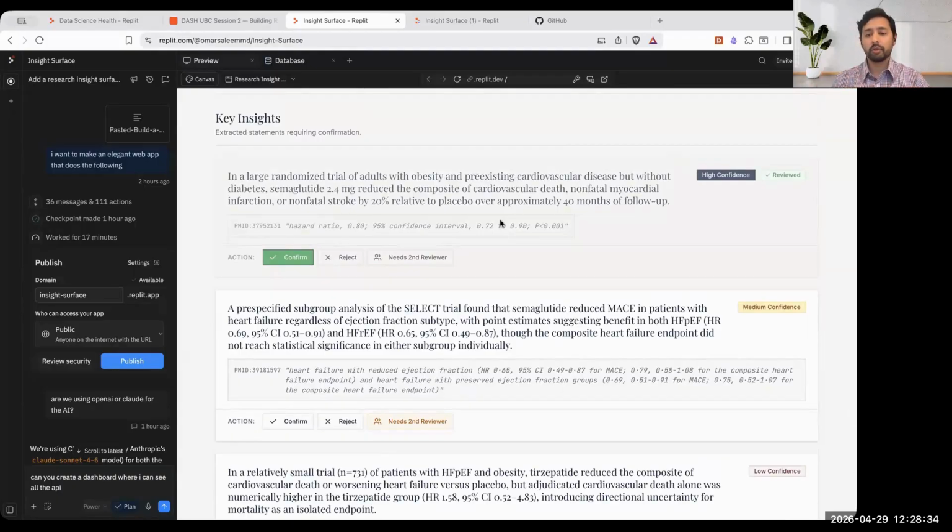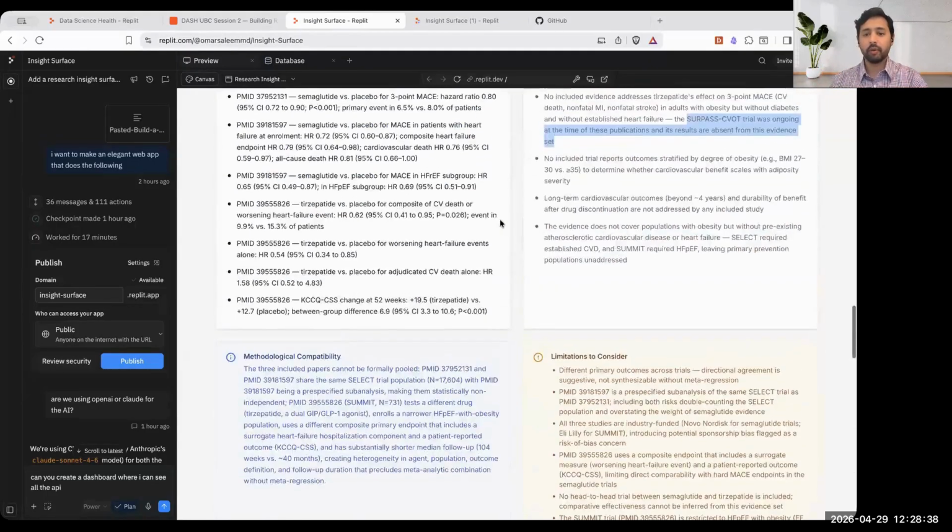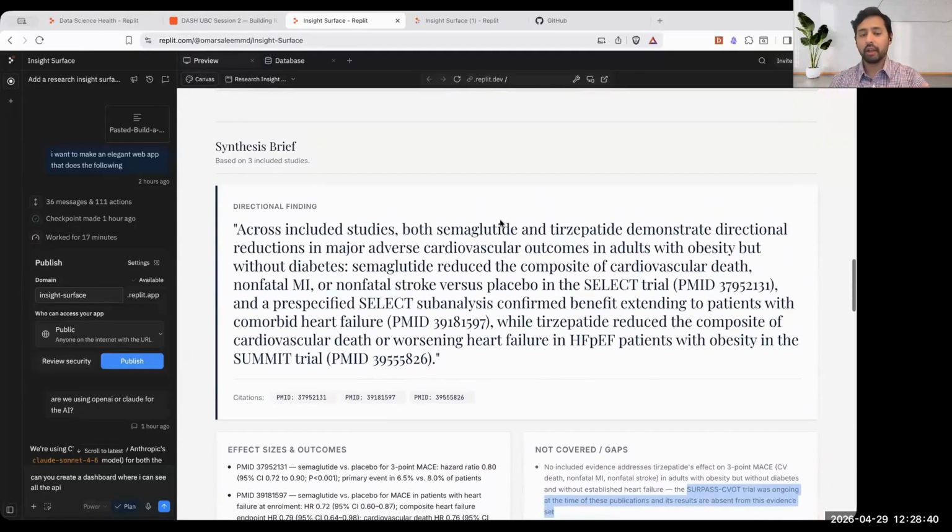Now, what if we wanted to automate this? What if we want this to run every night? And so what I'm going to do is, can you add, actually not every night, every week is better.